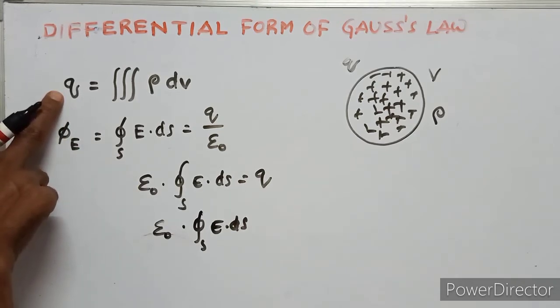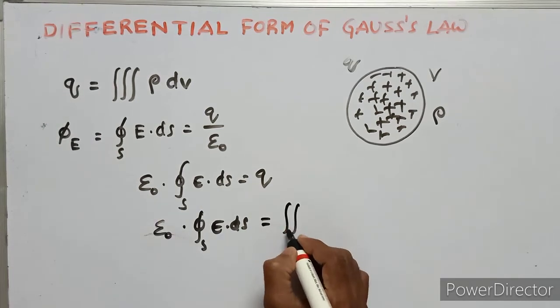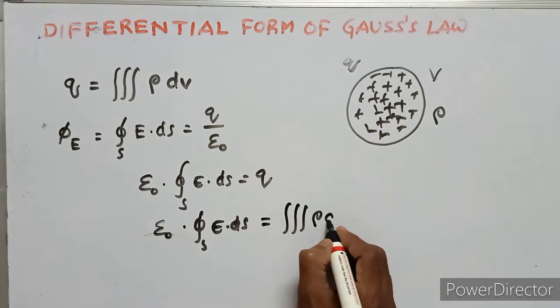Epsilon naught surface integral E dot ds is equals to volume integral of rho dV.